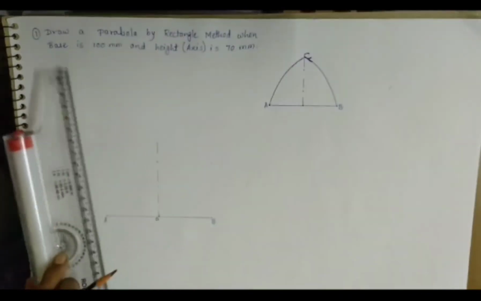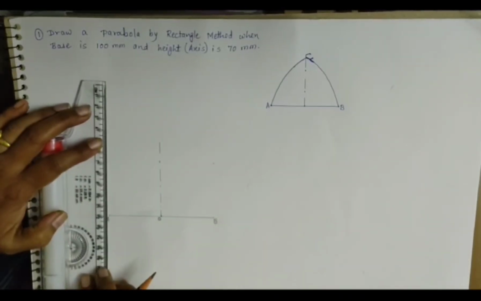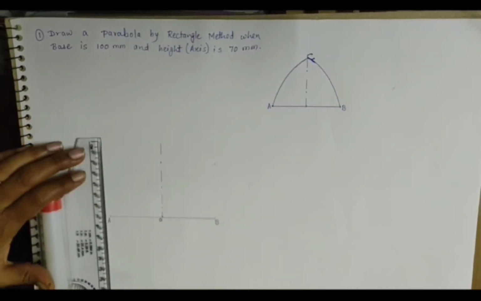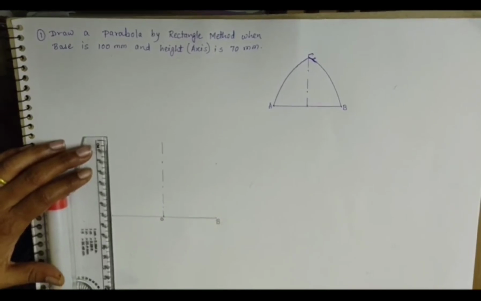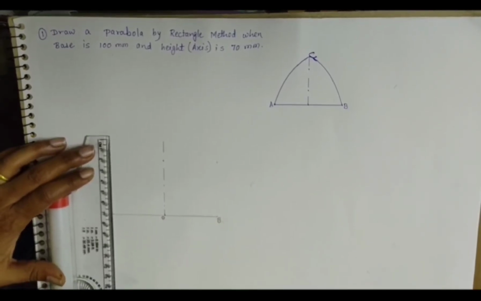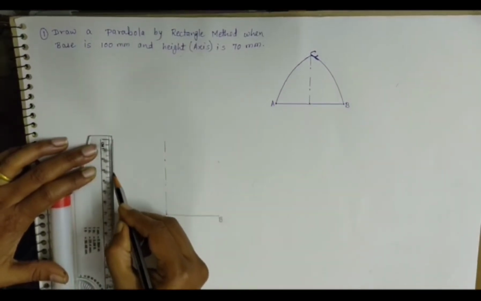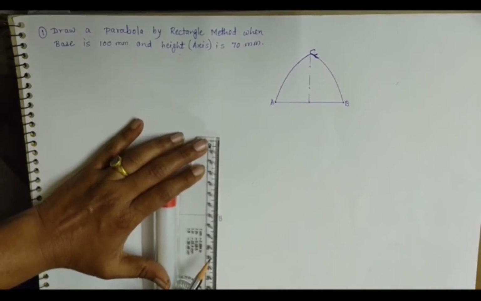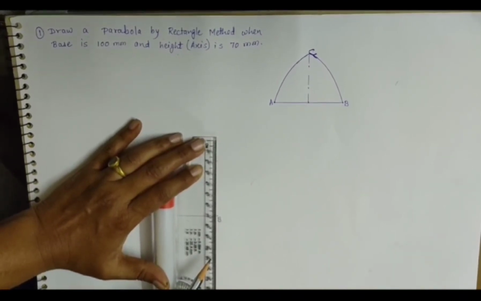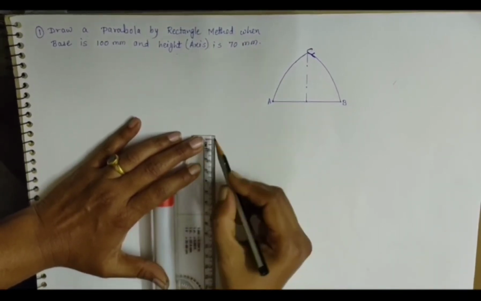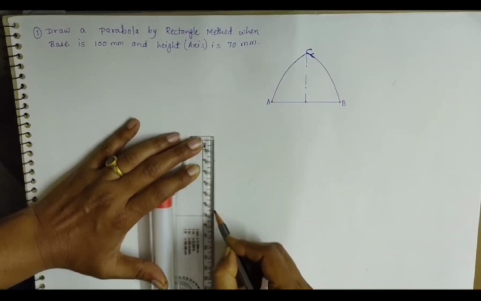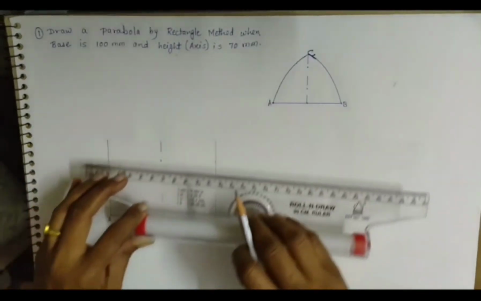I have drawn two perpendicular lines now, and these lines are also of 7 centimeter. In this way, we can complete the rectangle.